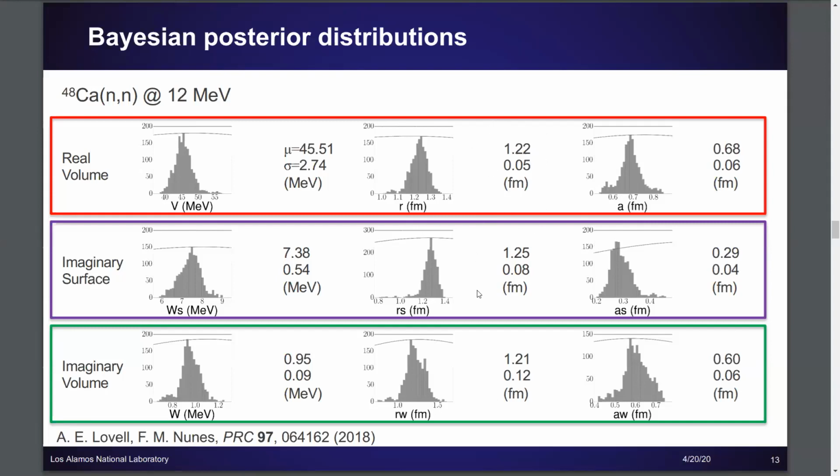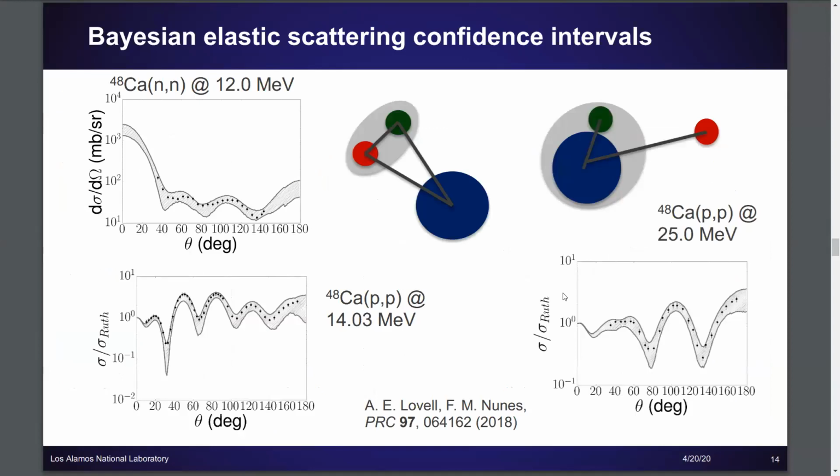Then we can propagate these to our elastic scattering cross-sections, which I'm showing here for each of the potentials that we need to optimize in order to calculate the transfer cross-section. Here's the neutron target and proton target scattering that go into the deuteron, and then the outgoing proton target angular distribution as well.